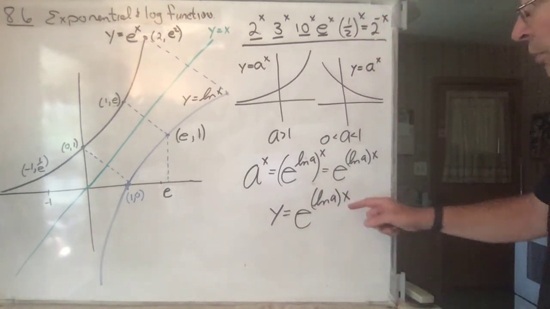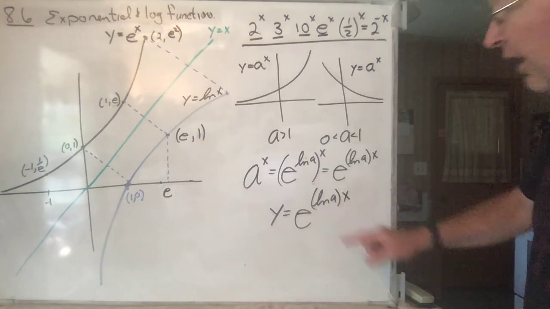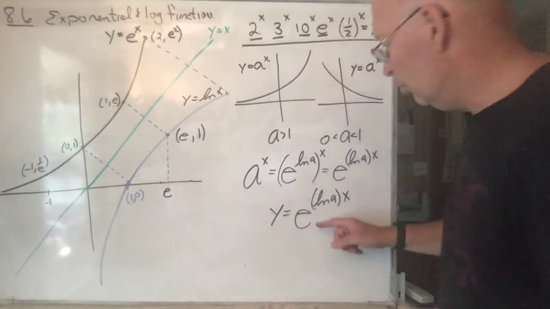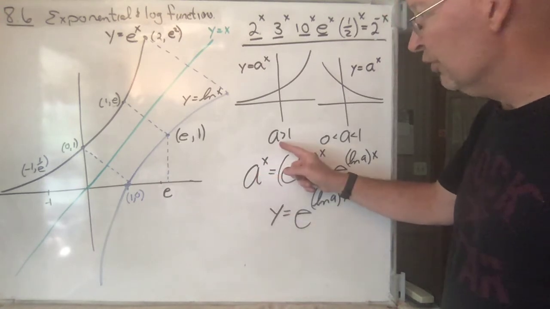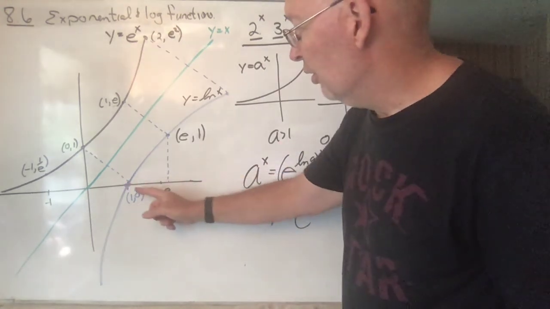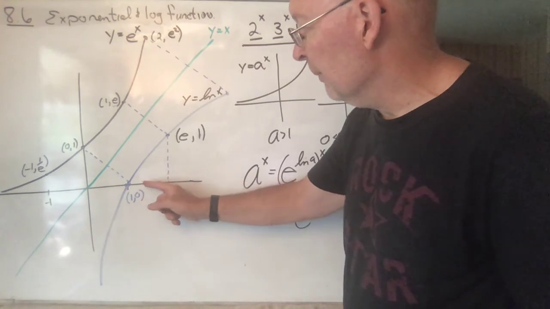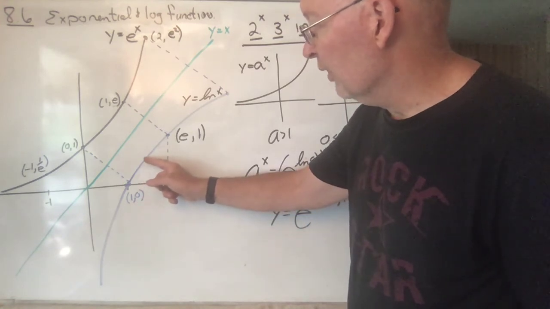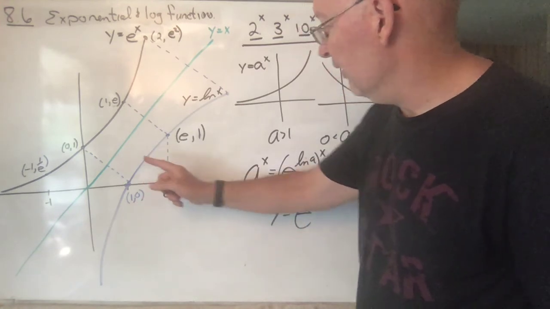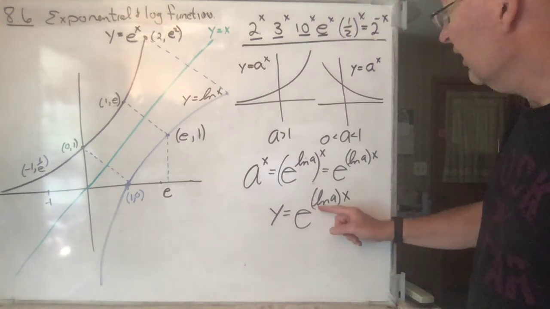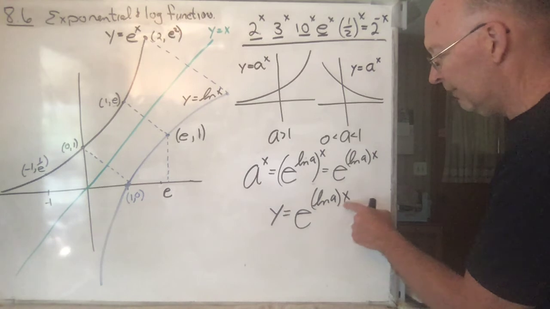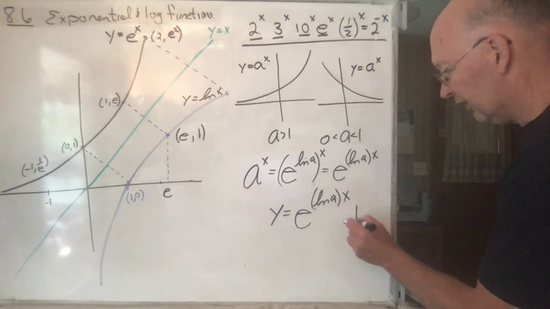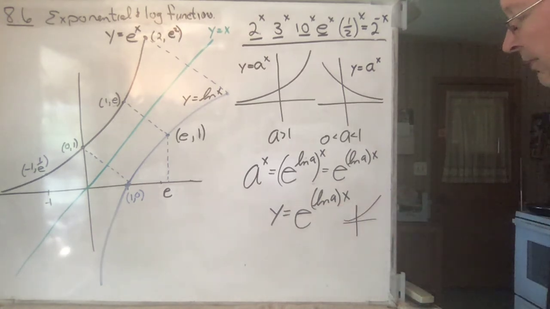If you take some value like 2, which is greater than 1, notice that the ln of a number which is greater than 1 is going to be a positive number. And if you take e to a positive number times x, you're going to get a graph that looks like this.